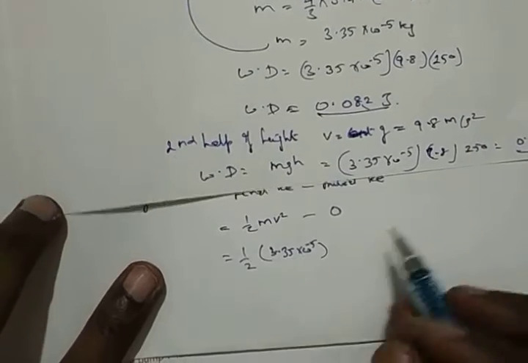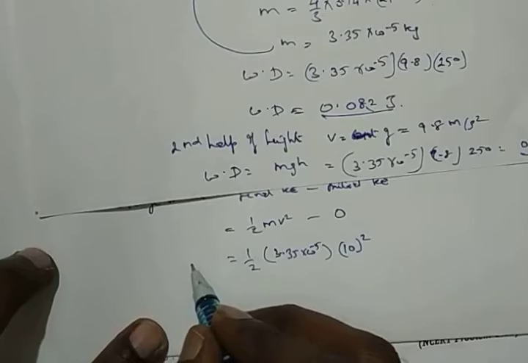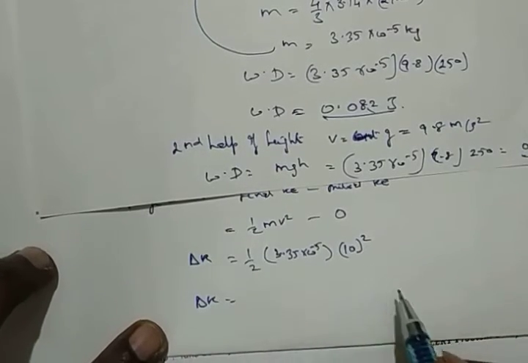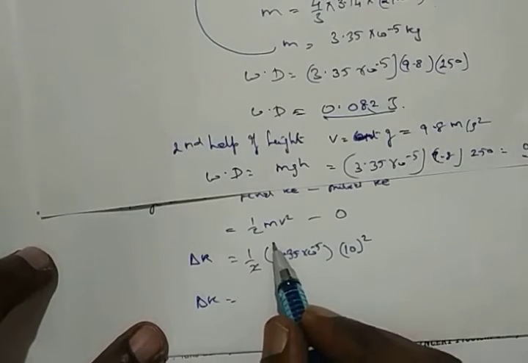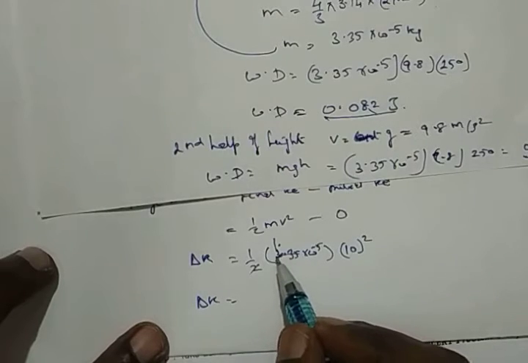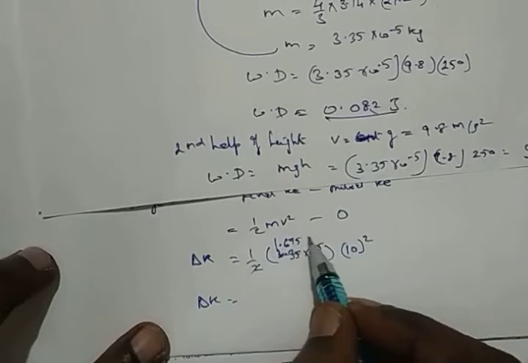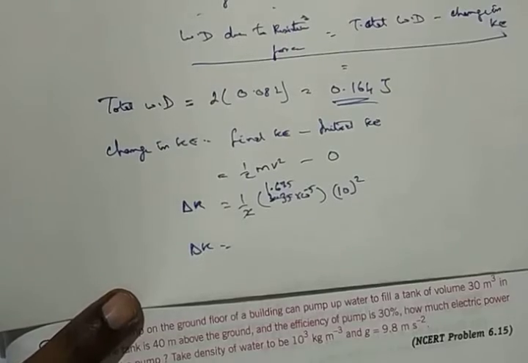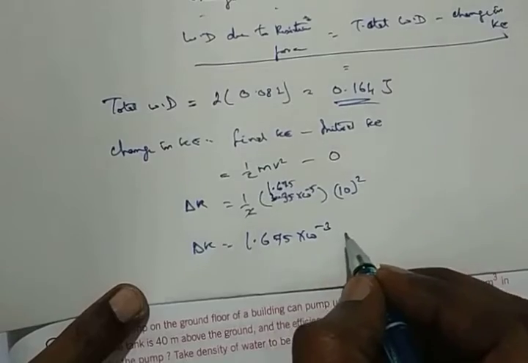So v square is 10 square. So the change in kinetic energy, delta K, once you do this calculation, this will get cancelled out. You will get 1.675 into 10 to the power of minus 3 joules.